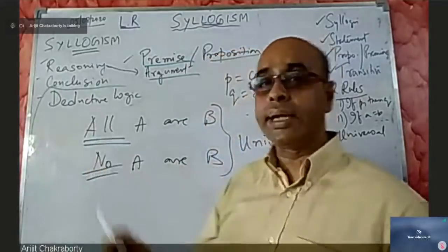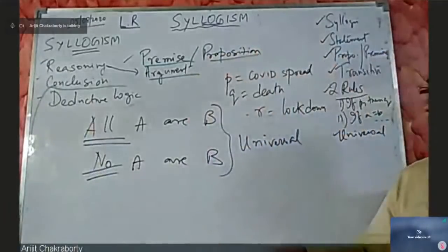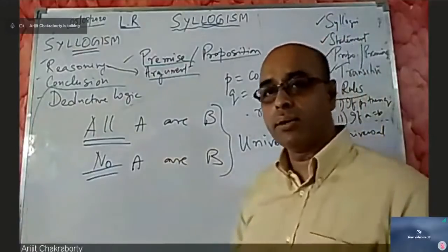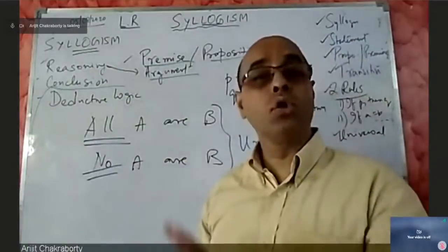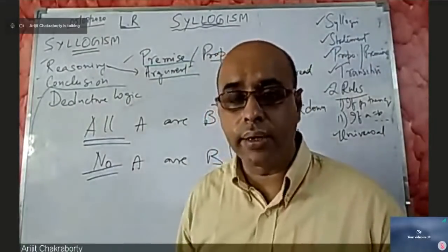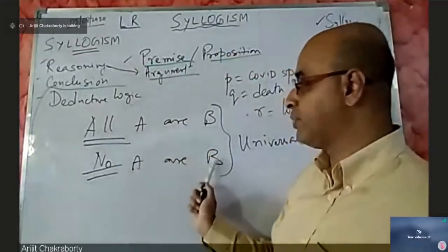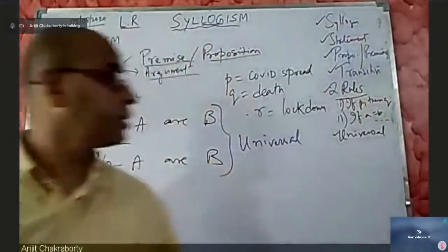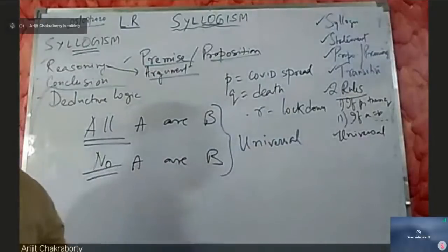So the first one includes everybody and the second one excludes everybody. All A are B. That means every A is B. All means everybody. No means nobody. No means none. Okay? So all A are B, no A are B. Two propositions, two statements. These are called universal proposition. So please keep a note of universal proposition.